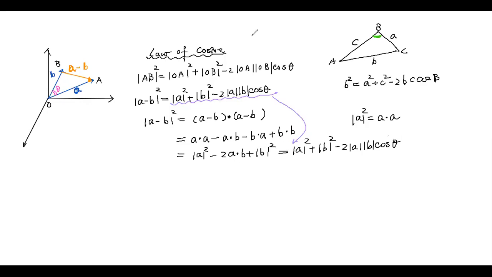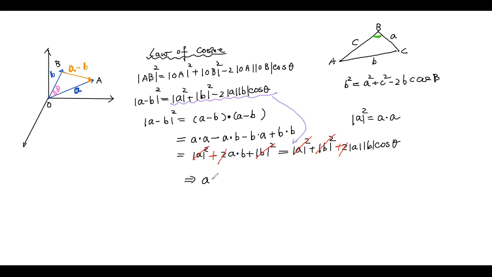And you can see here, A squared cancels, B squared cancels, the negatives cancel and become positive, and the 2s cancel. That's what we got here.